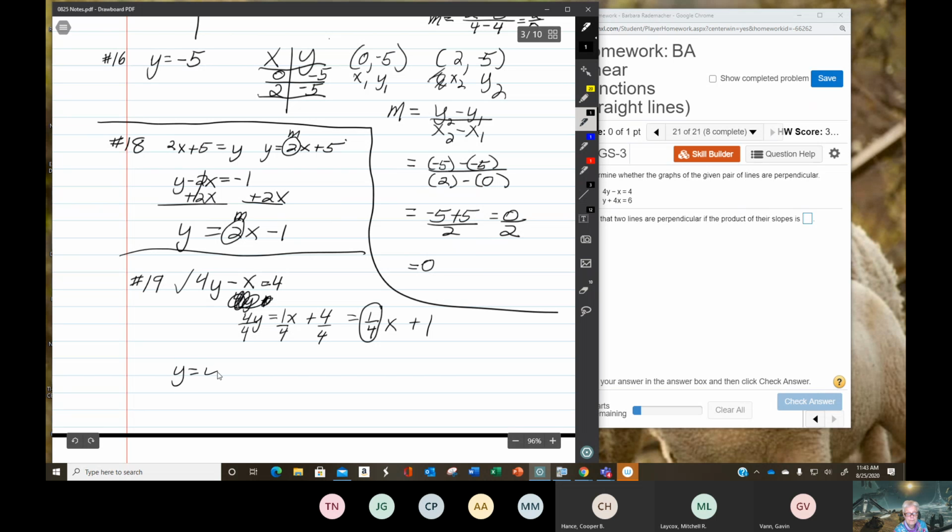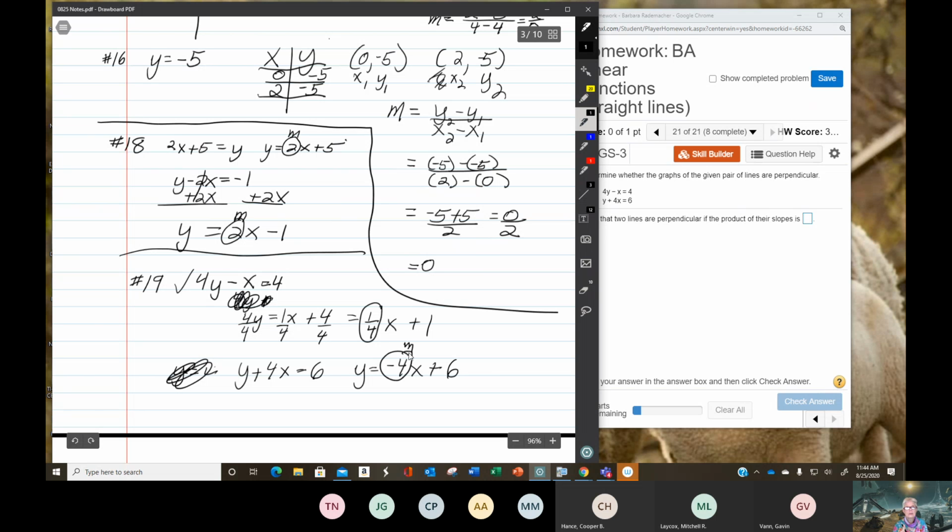y plus 4x equals 6. Subtract 4x from both sides. y equals negative 4x plus 6. Well, they're definitely not parallel, right? This is the slope, 1/4 and negative 4.